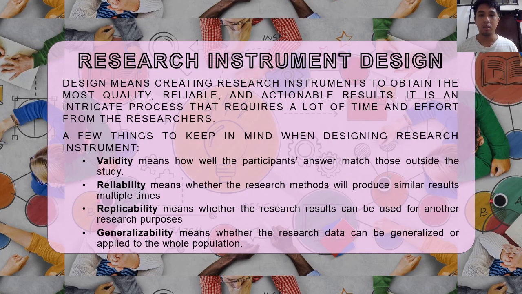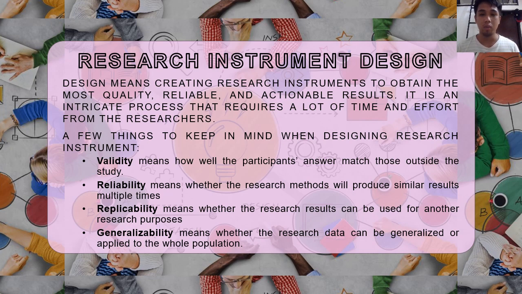Research instrument design means creating research instruments to obtain the highest quality, reliable, and actionable results. It is an intricate process that requires a lot of time and effort from the researchers.